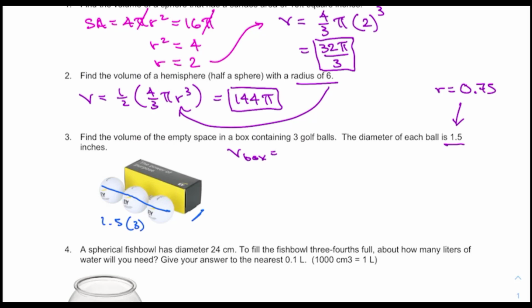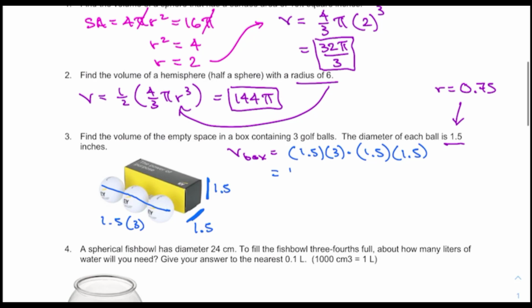And then I know that this width right there for the box will be simply the diameter, which is 1.5, and the same thing this way will be 1.5. So the volume of the box will be the length, 1.5 times 3, times the width, which is 1.5, times the height, which is 1.5 also. Multiply all those together, and through the magic of previously doing this, it'll be 10.125.